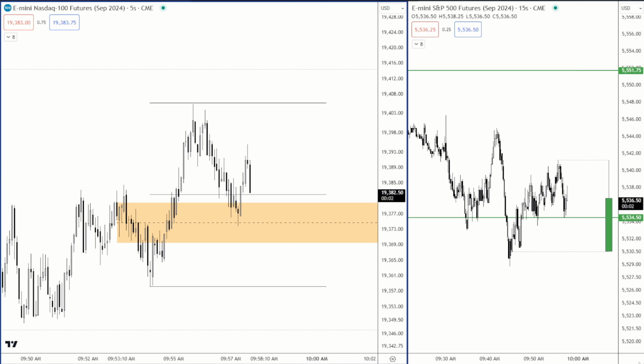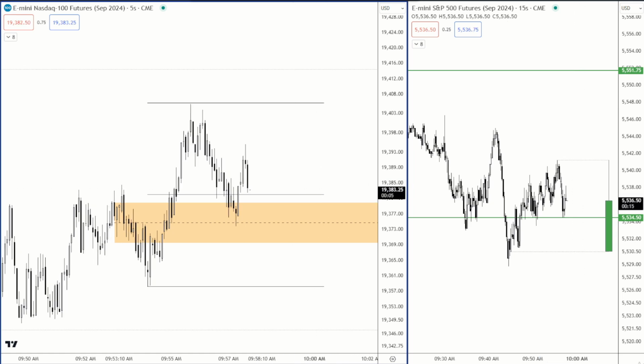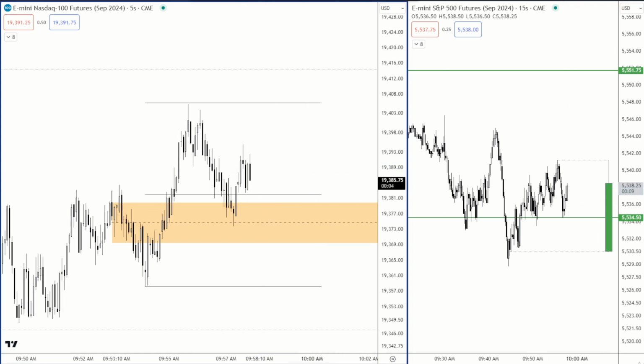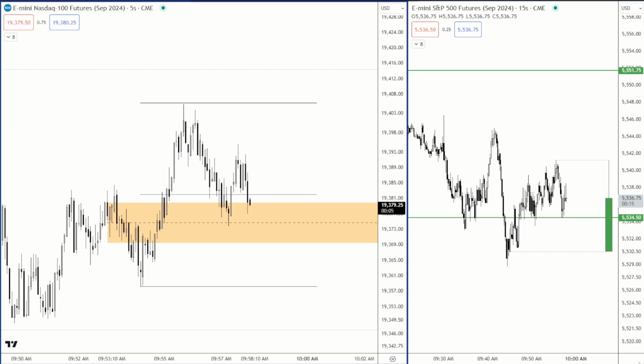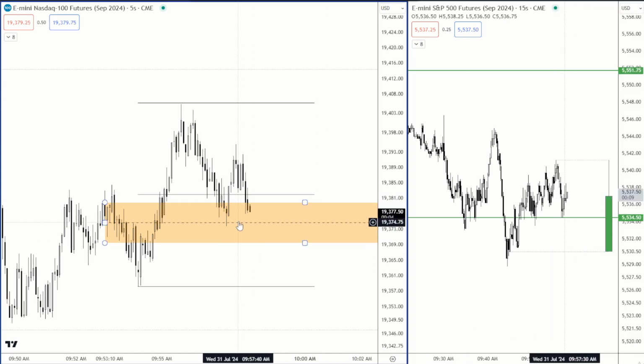Yeah, so I might get long here. Yeah, I'm in long here. My stop's gonna be at this low down here. Pretty big stop here. But it allows for us to tap back into this order block and this wick down here.